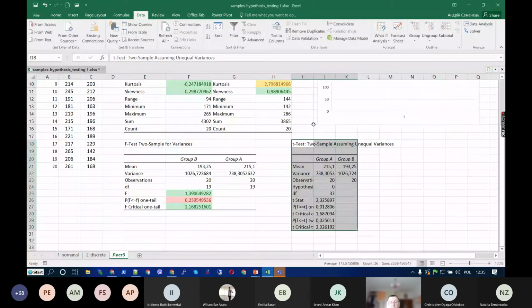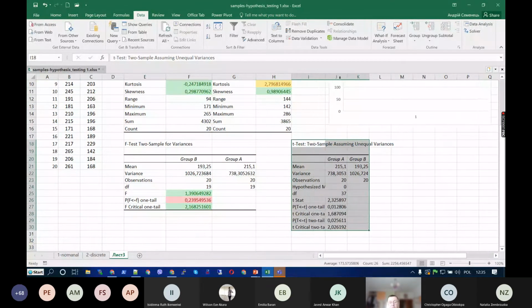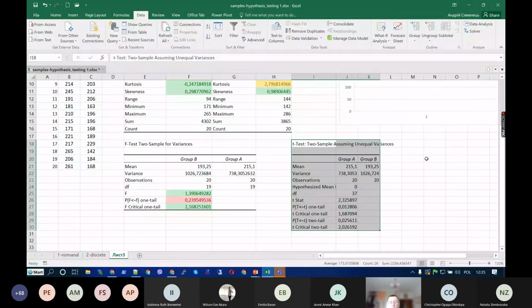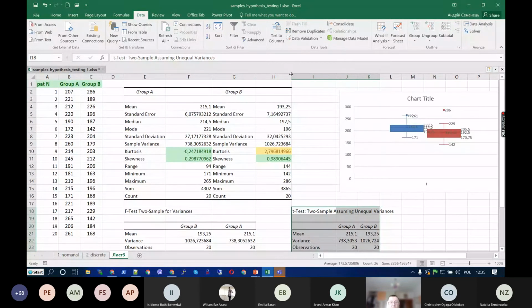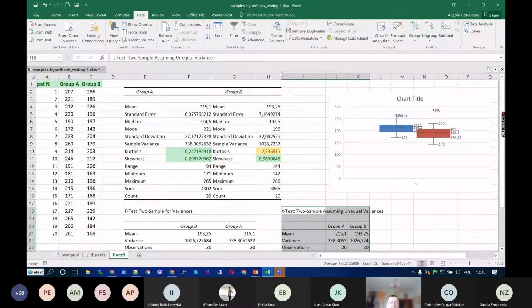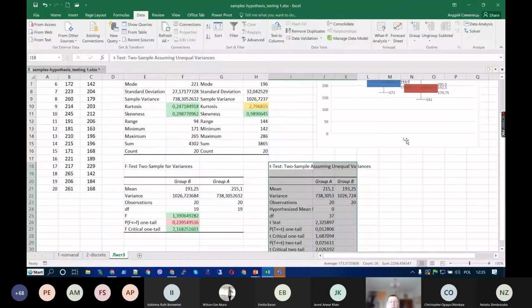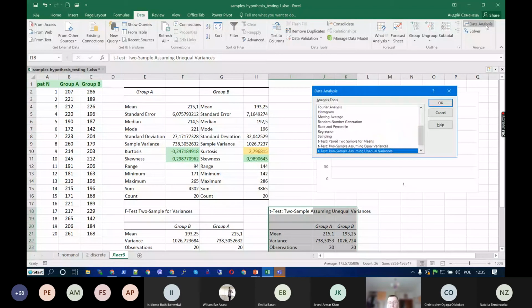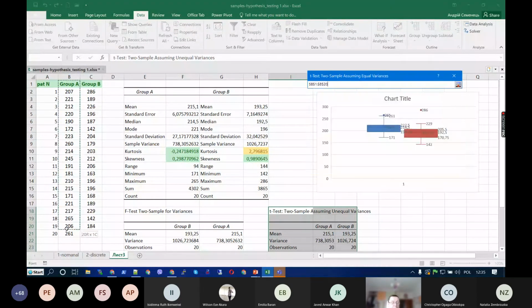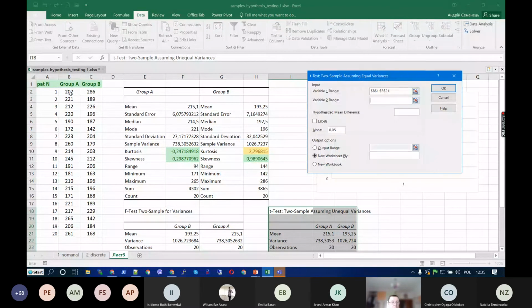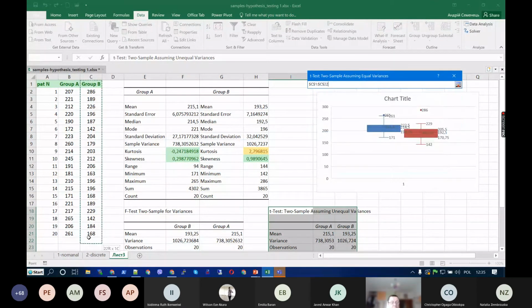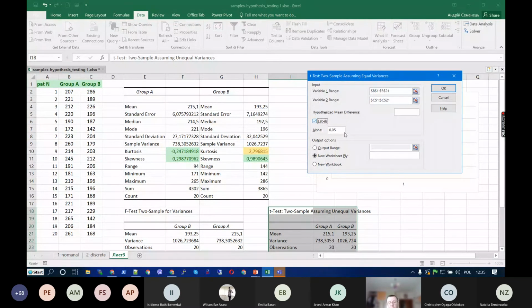Okay, and just to compare, I will also give you the value of the test statistic for equal variance, just to compare what kind of mistake we would have for equal variance. Again, we provide the same input, group A, group B, labels.